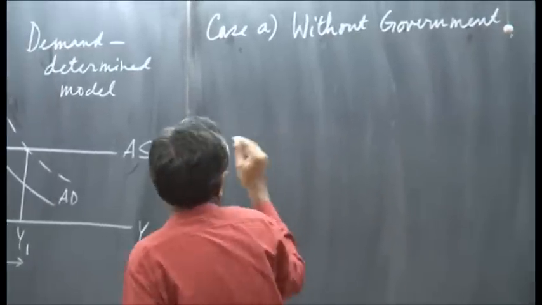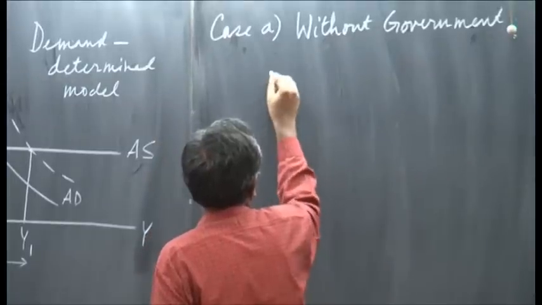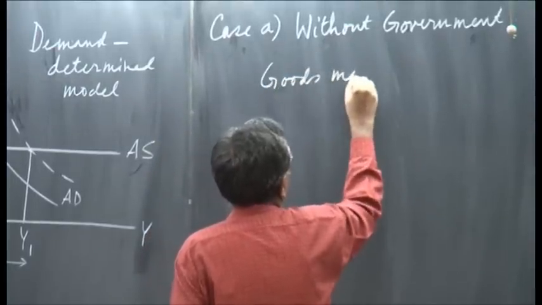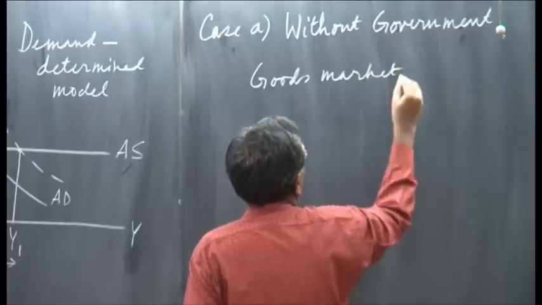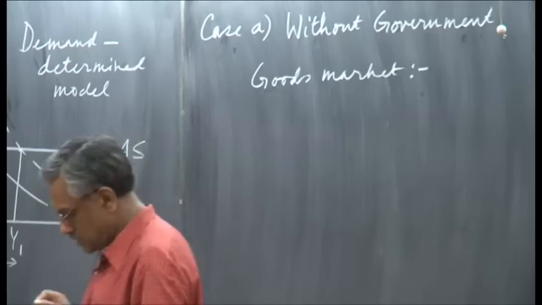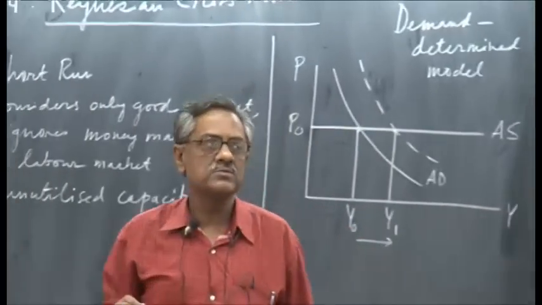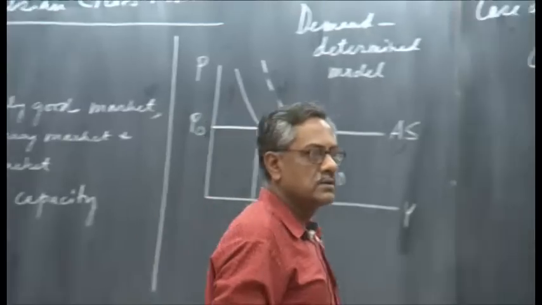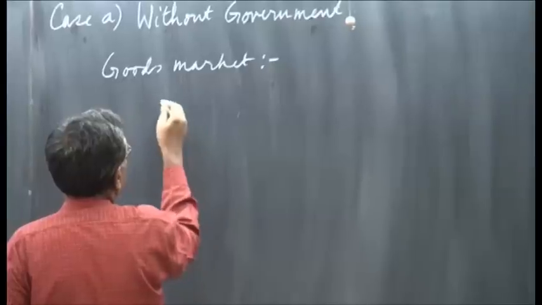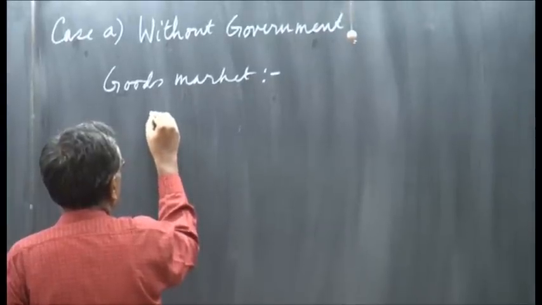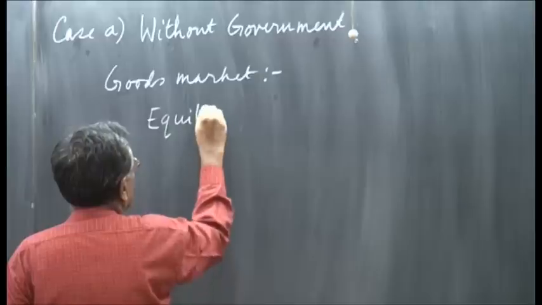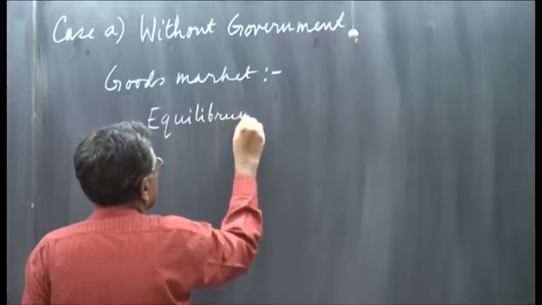Now, the goods market, we have to model the goods market. How do we model the goods market? We model the goods market in terms of demand and supply. All right? Okay. So again we would impose an equilibrium condition, or market clearing condition.